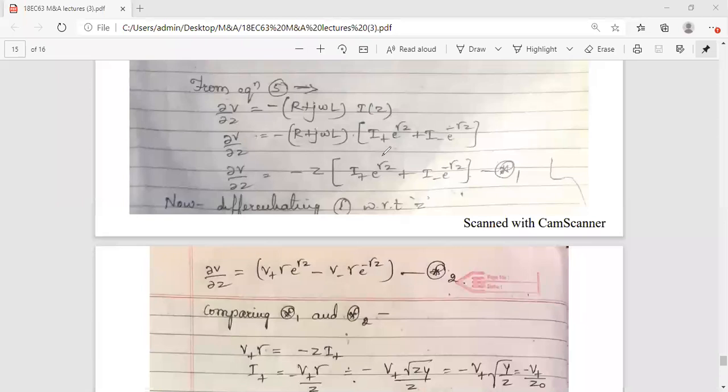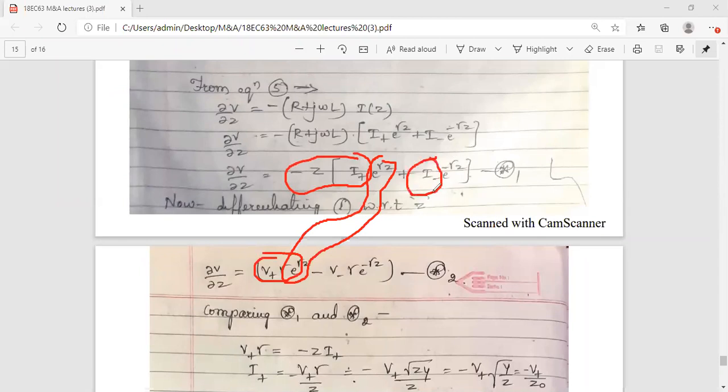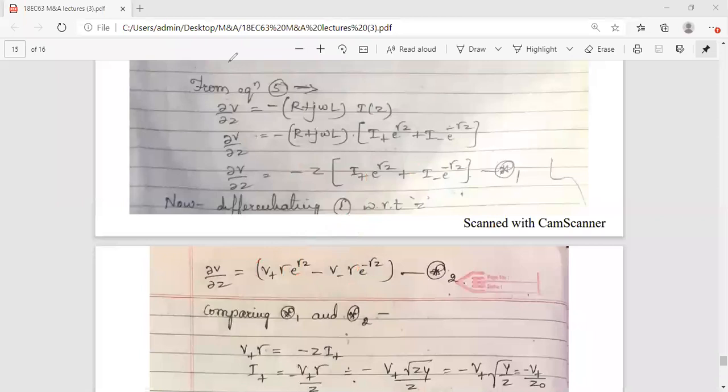If I compare, coefficients are this for the first term. And for the second term, compare, coefficients are this: I minus, and here, sorry, negative should also be included, minus V minus gamma. So these two comparisons will happen.